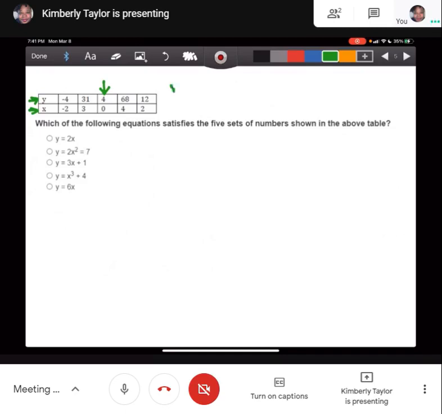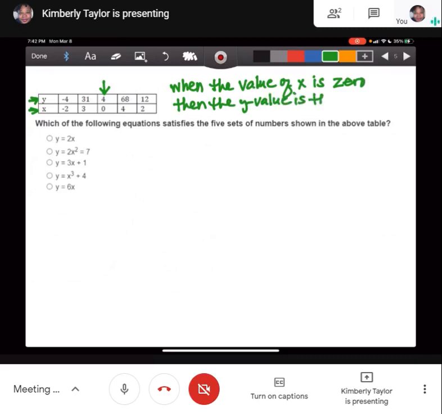So when the value of x is 0, then the y value is the y-intercept. Okay, so I know that my y-intercept is going to be 4. I'm looking at these questions here.